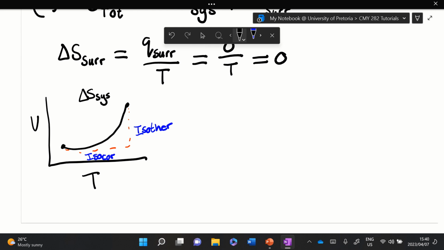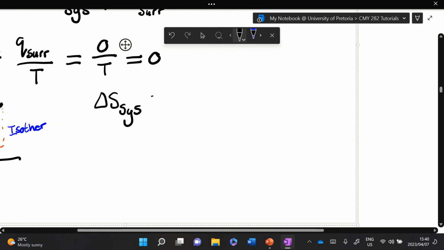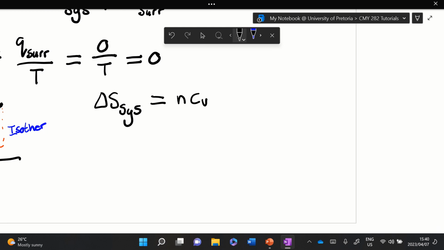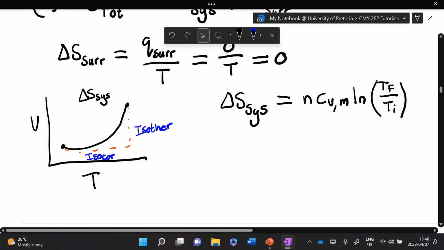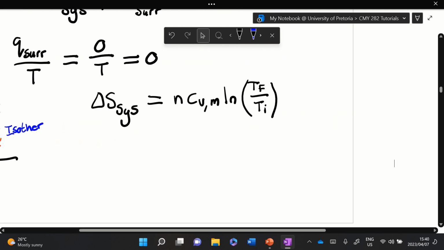We have two equations that help us with that. The entropy change of the system is equal to n C_V,m ln(T_F over T_I), which is for our isochore, while the volume is constant.